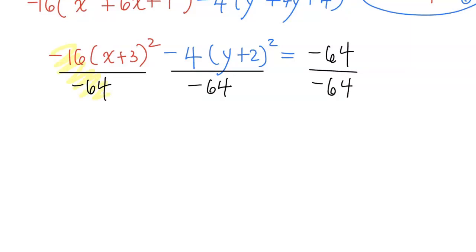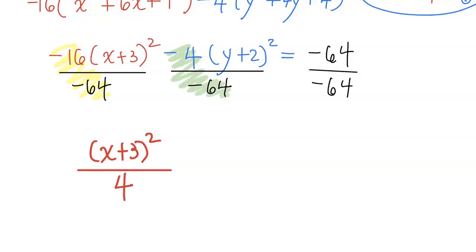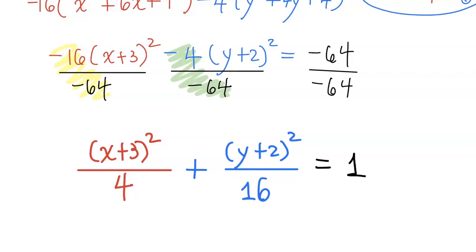That's going to give us x plus 3 squared over positive 4. And how do you simplify negative 4 over 64? That's going to turn into y plus 2 squared over 16, right? All that equals what? 1 on the right side.